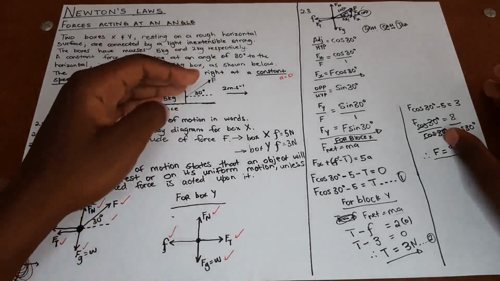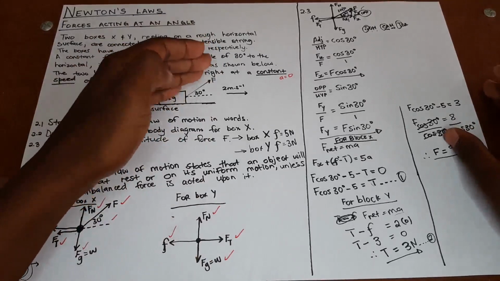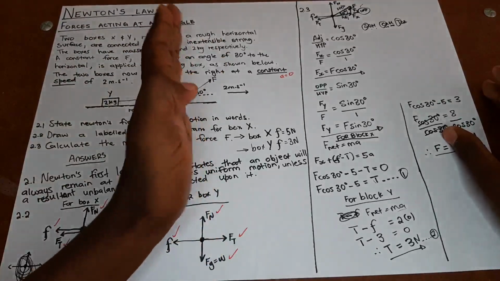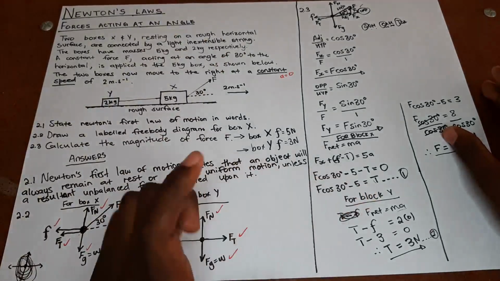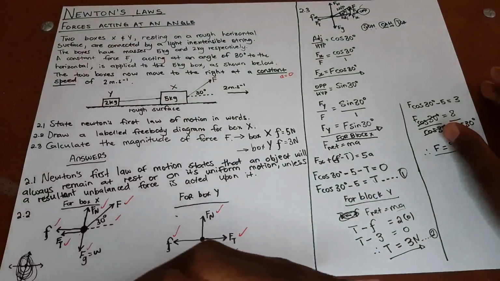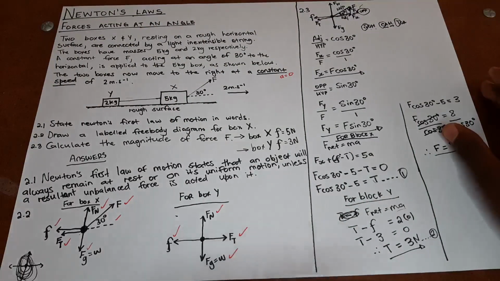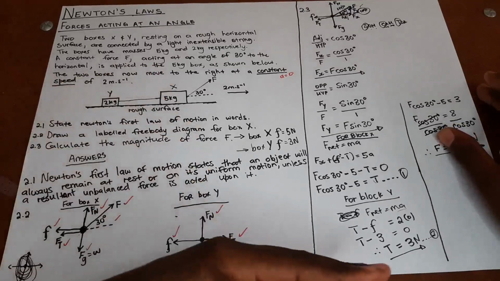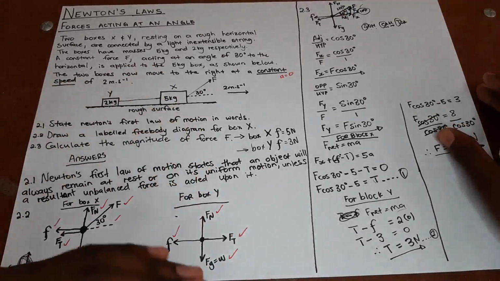So we have to find the force acting upwards and the force acting horizontally, which are called the vertical and the horizontal components.